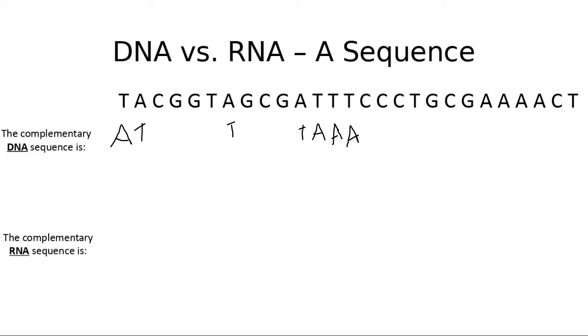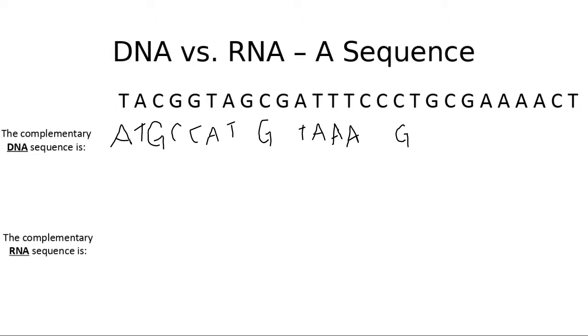And when we have a C in the original DNA sequence, we're going to have a G in my complementary sequence. Anytime I've got a C, I'm going to have a G, and every time I've got a G, I'm going to have a C. So we could go through and write the whole sequence. I know that looks absolutely terrible. I should have typed.